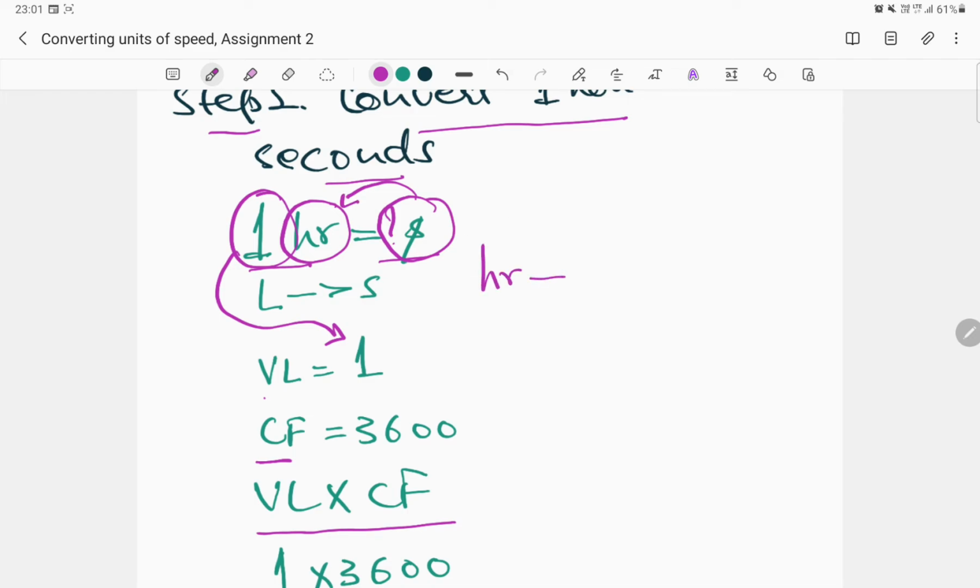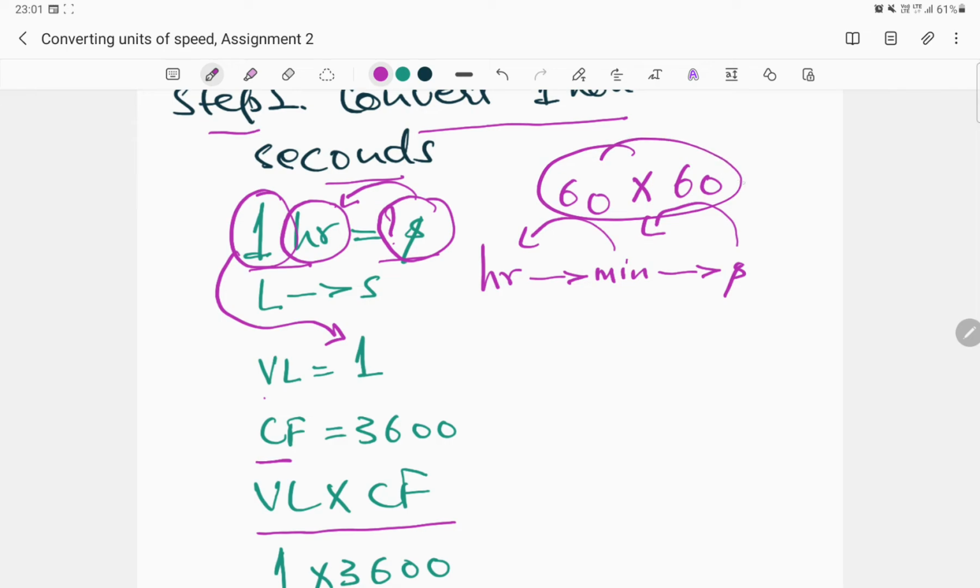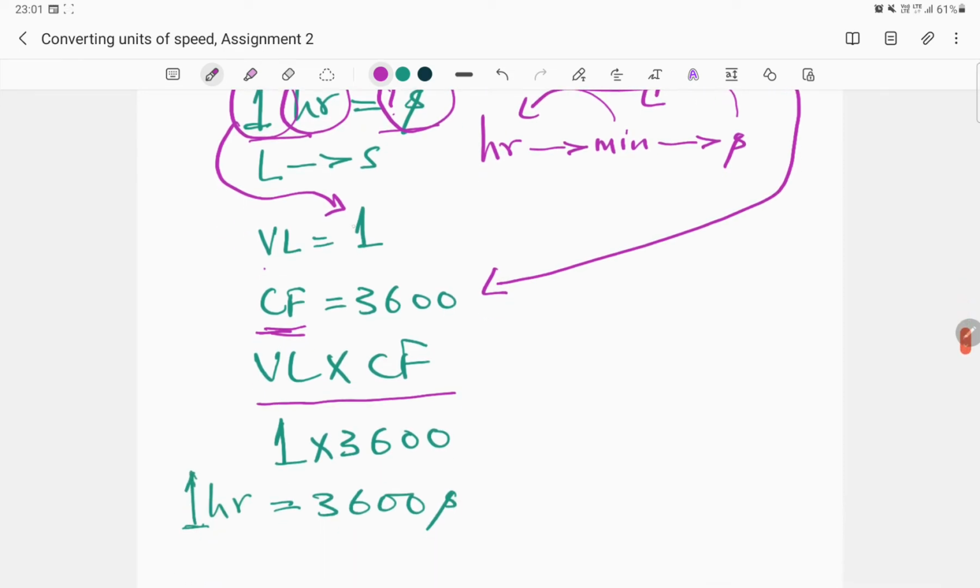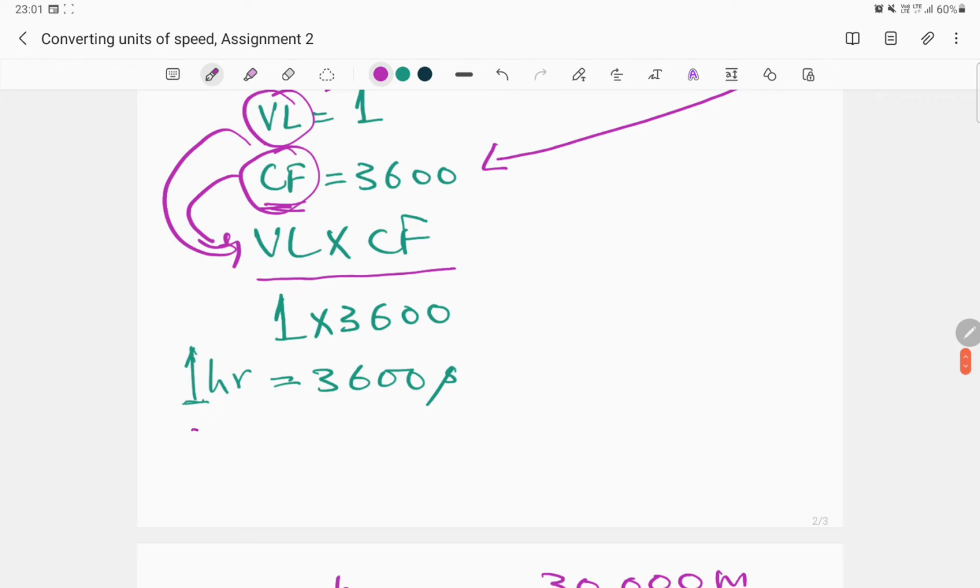We'll convert the hour first into minutes, and then minutes into seconds. We know 1 hour has 60 minutes and 1 minute has 60 seconds. So when we multiply these two, 60 times 60 is 3600. So our conversion factor is 3600 here. Putting the value of the large unit and the conversion factor into the formula, we get 1 multiplied by 3600. So 1 hour turns out to be 3600 seconds.